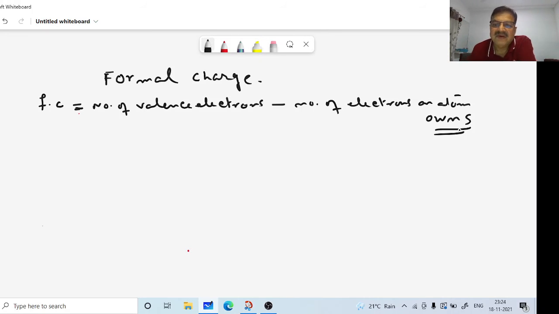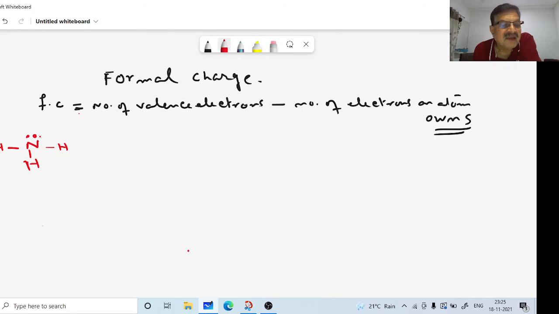So, a simple example, I can show you what I mean. For example, we have ammonia: nitrogen having 3 bonds with hydrogen and a lone pair. Now, the number of valence electrons minus the number of electrons an atom owns.